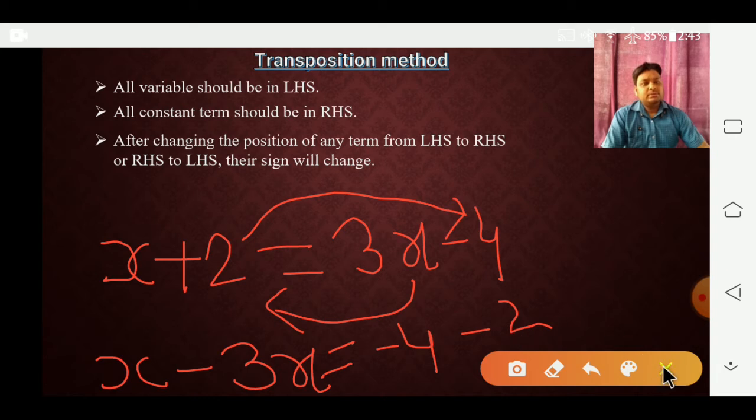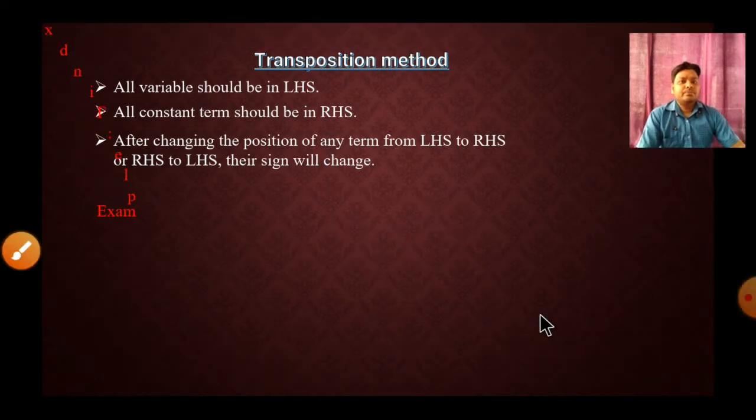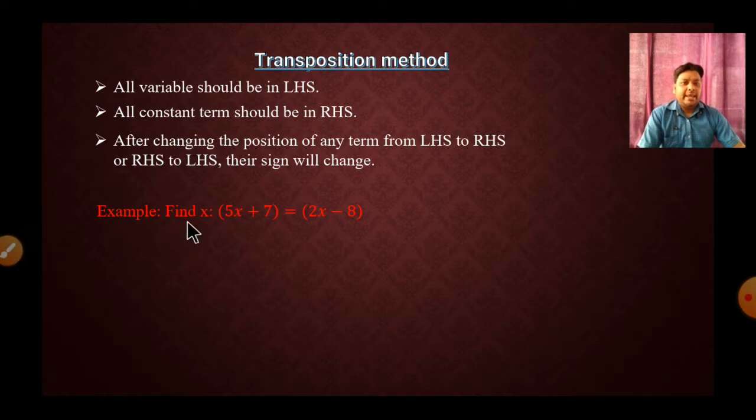Now let's see one example. Here we have to find x, and the question is 5x plus 7 is equal to 2x minus 8. At first we will write the question. Here you can see 5x is the variable term and 7 is the constant term; 2x is the variable and minus 8 is the constant term.